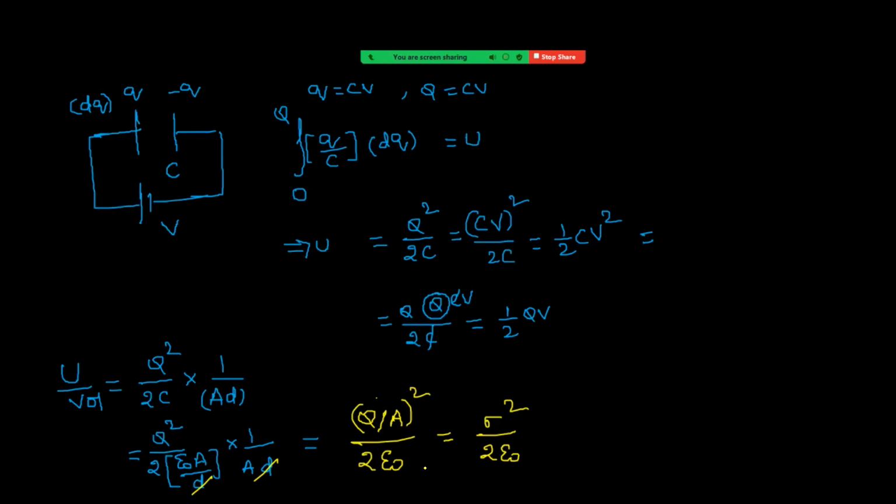If you want to write this in terms of field, we know between the plates field equal to sigma upon epsilon naught. So I can write this in terms of sigma into sigma by 2 epsilon naught, in the place of sigma by epsilon naught.